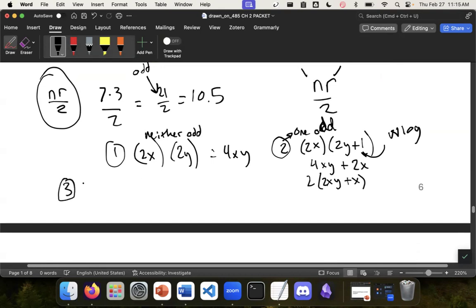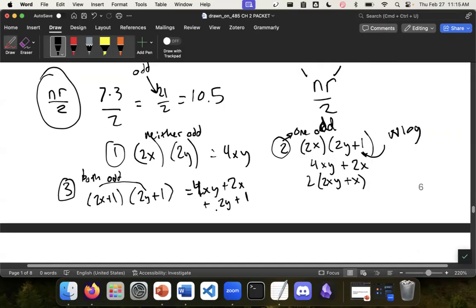The third case is that both are odd, which is where we've got 2x plus 1 and 2y plus 1, where if we FOIL that out, we get first is 4xy, outer is 2x, inner is 2y, and then 1 at the end of that, which I hope you can see is odd.